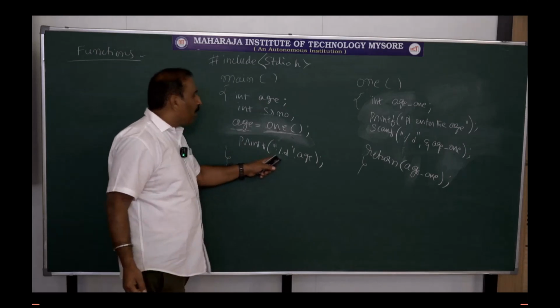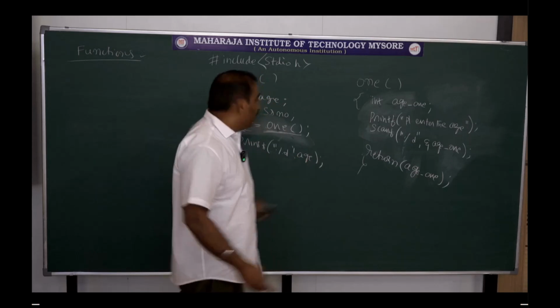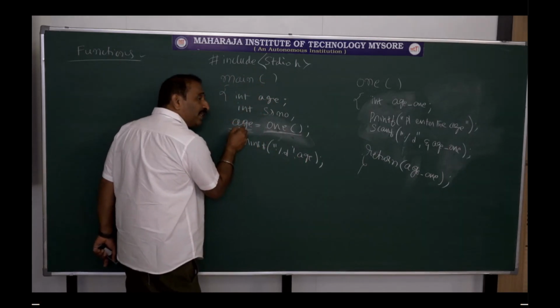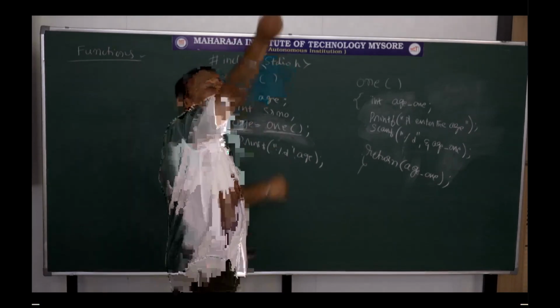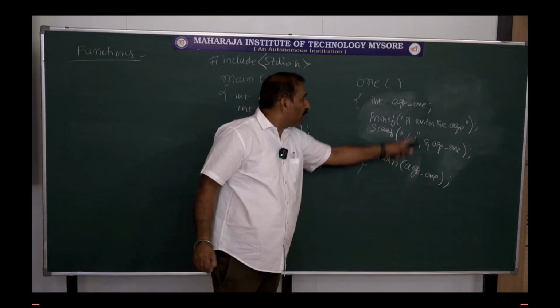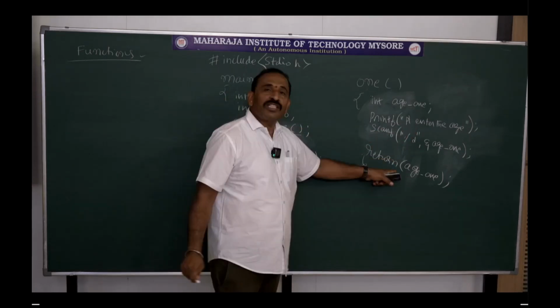Now printf percentage d age. So when you print this, age is now assigned what is returned from that particular function. What is being returned from this function? What was typed, and that has been scanned and stored.